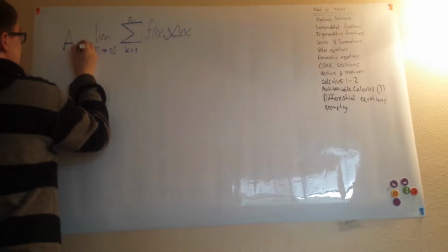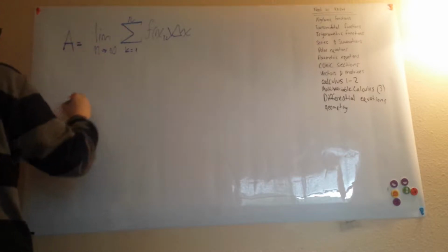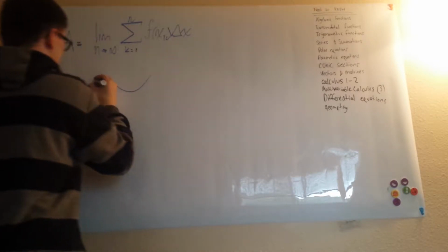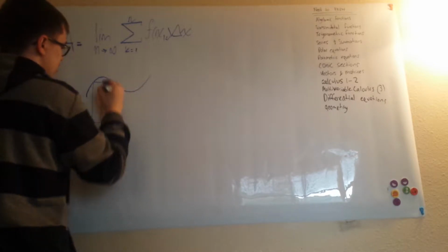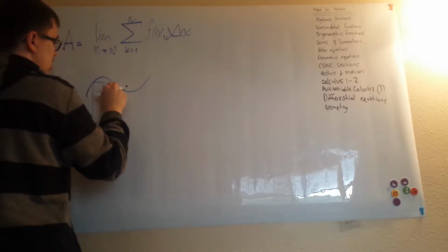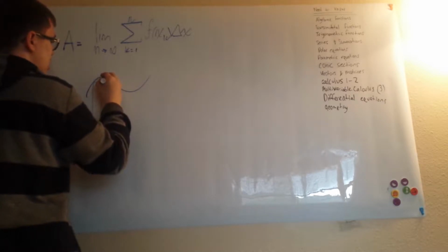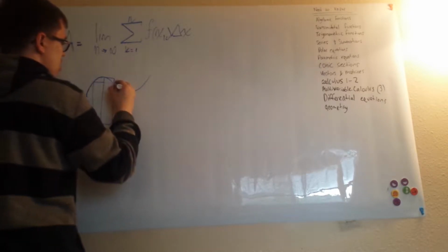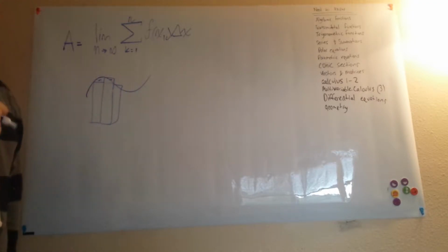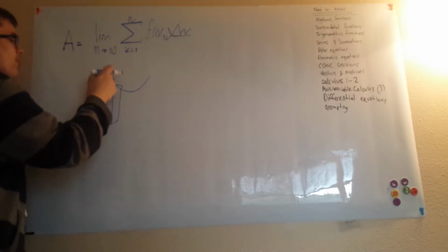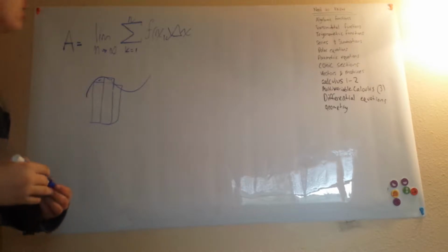See, the reason why this is equal to the area is because if we had some curve and we had finite numbers of rectangles, we obviously have not found the exact area because we have some area missing.